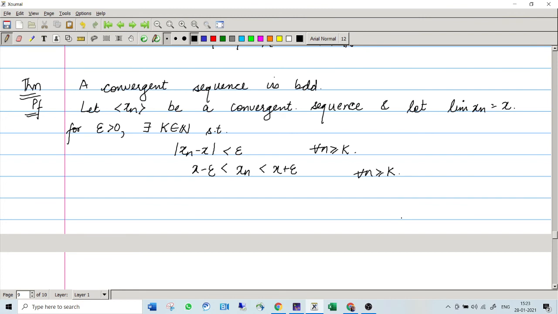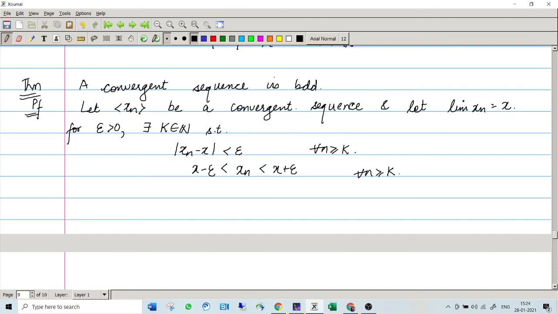Because after a point of time xn जो है वो x के close हो जा रहे हैं. जरूरी नहीं है they should be really close to the number x starting में, but after a point of time, after some particular number k, for every n greater than or equal to that k, xn's are getting closer to x, means the distance between xn and x is less than epsilon, means the distance is very minute. epsilon छोटा करोगे distance और कम हो जाएगा, epsilon और छोटा करोगे distance और कम होते चले जाएगा. मतलब for any small positive number we take, we are always able to find a natural number k such that the distance is getting smaller and smaller, right?